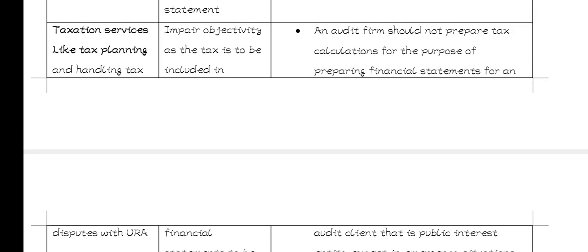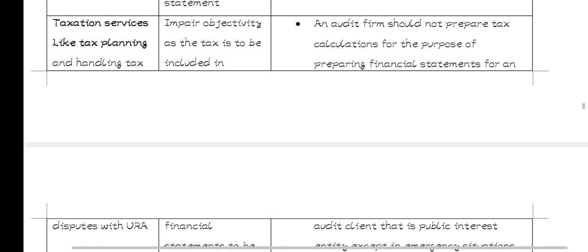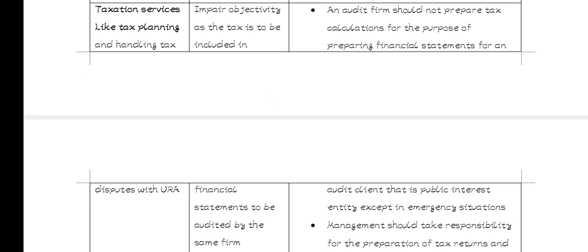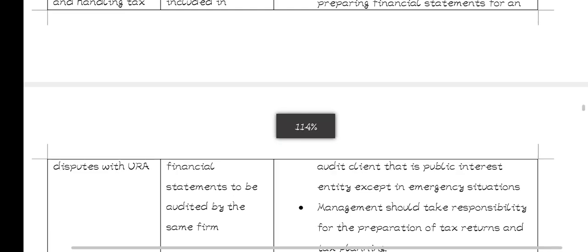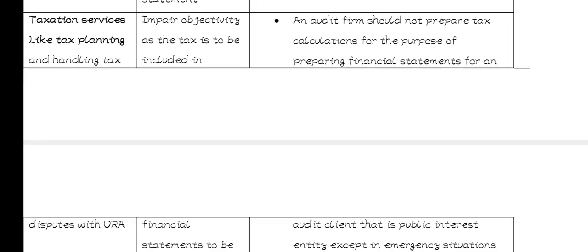So this will impair their objectivity as tax is included in financial statements to be audited by the same firm. So since they're the same people that are offering the taxation services and tax is included in the financial statements, they may not be able to find errors in their own work. And even when they find, they may not be able to point it out.